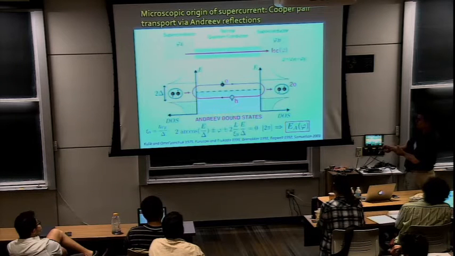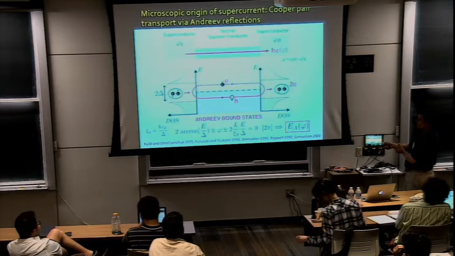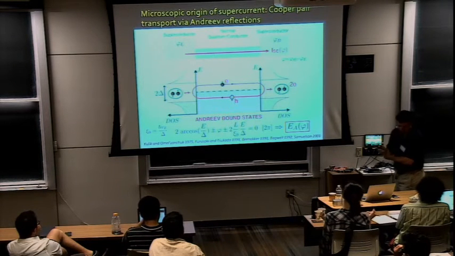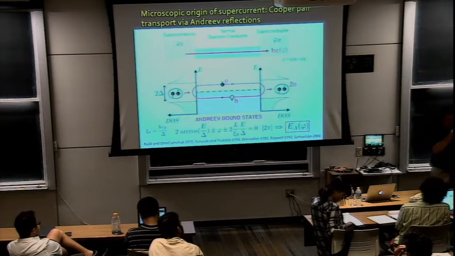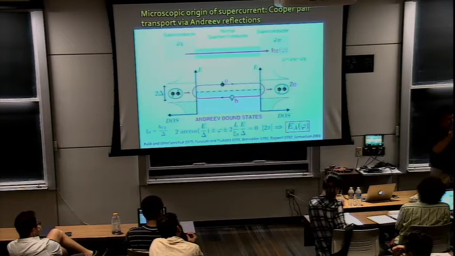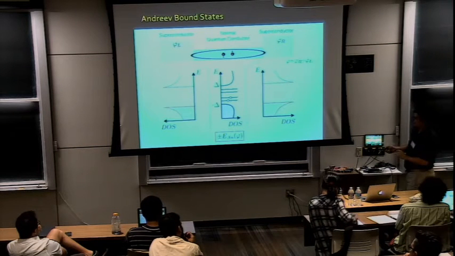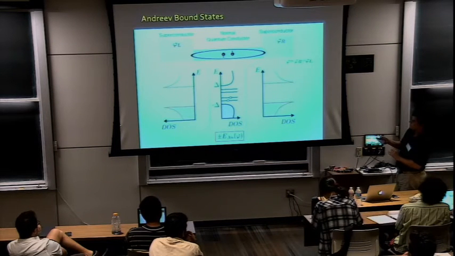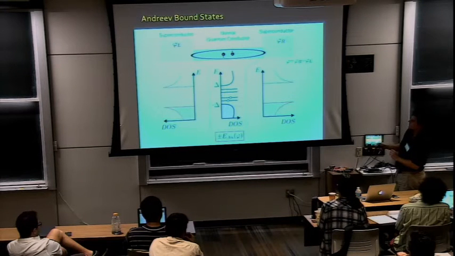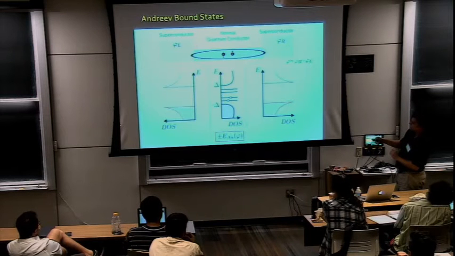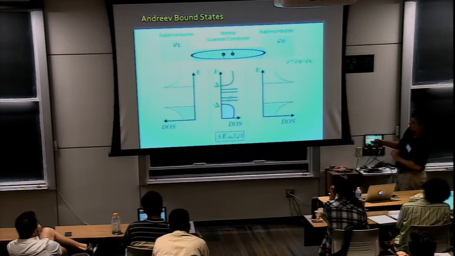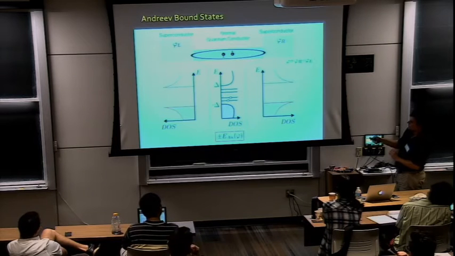This transcendental equation gives you the Andreev bound state energies, which depend on the phase difference between these two superconductors. This term appears in the equation, so the energy depends on the phase phi. So the presence of the superconductors attached to this normal conductor modifies the density of states in this middle region tremendously. Here you have the superconductor on the left. The first thing that you see is that the typical divergences are actually rounded.